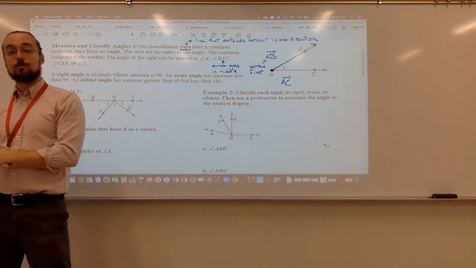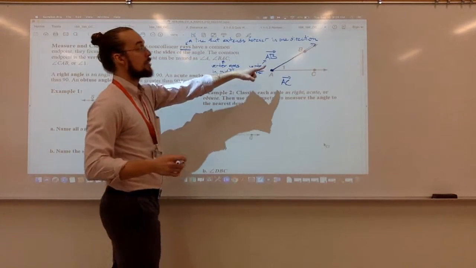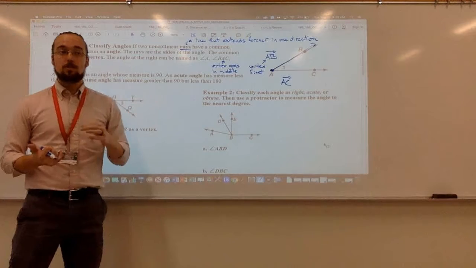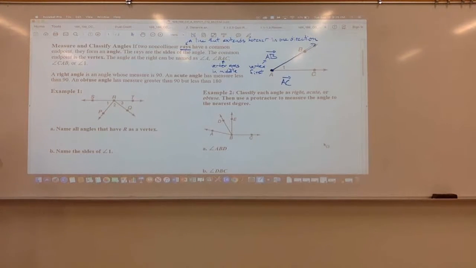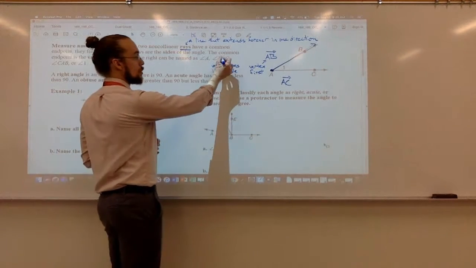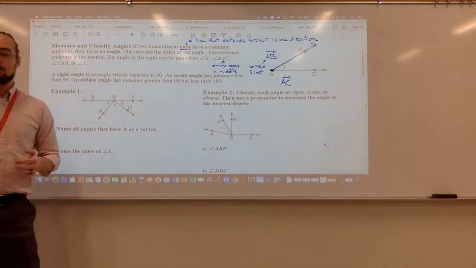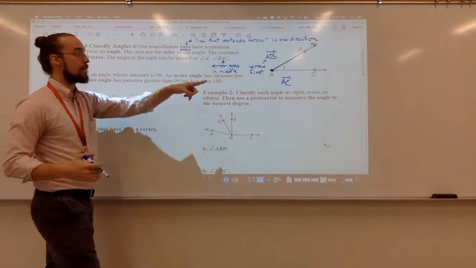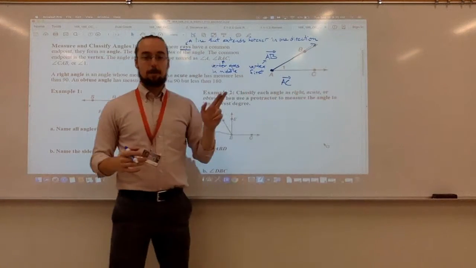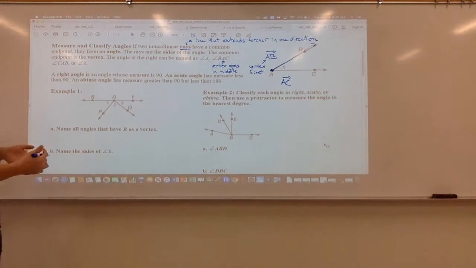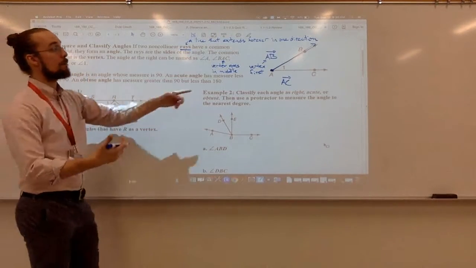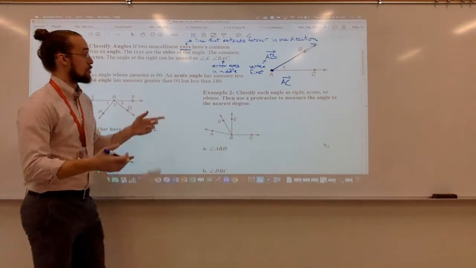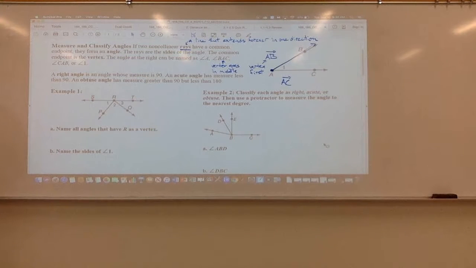We can either just use the vertex and say this is angle A, or more commonly, we use 3 letters to name an angle. But the key is that whenever we're naming it, the vertex goes in the middle of those 3 letters. So we could call this angle BAC or CAB. Now, another less common way is if we have a number inside of the angle, we could just call it angle, whatever that number is. So we could call this one angle 1. Questions so far?